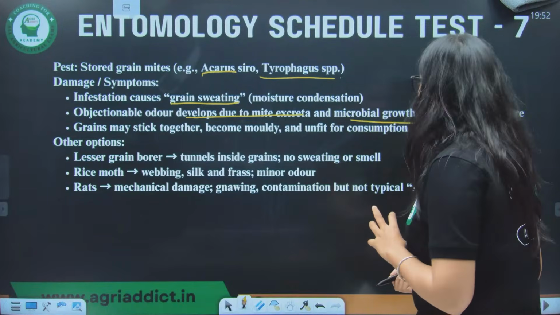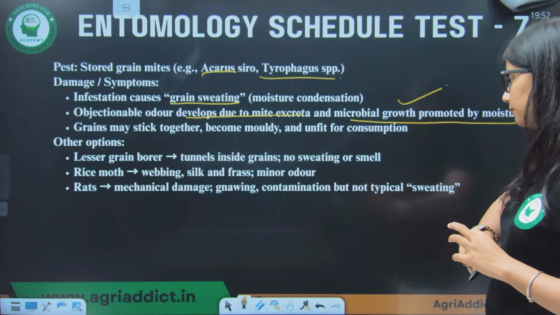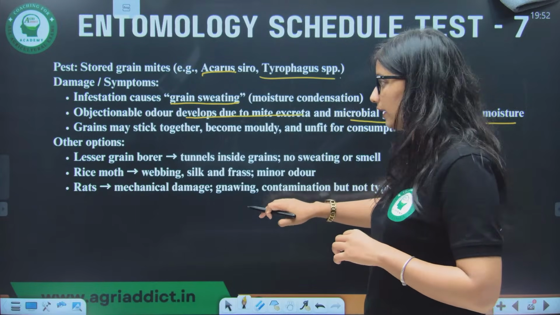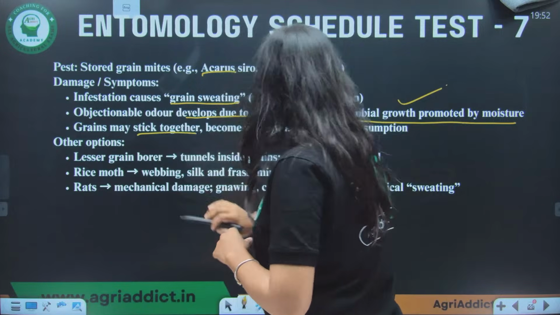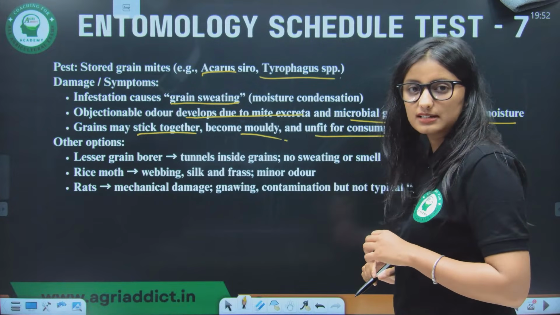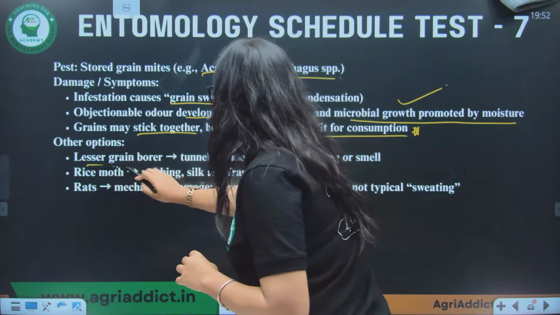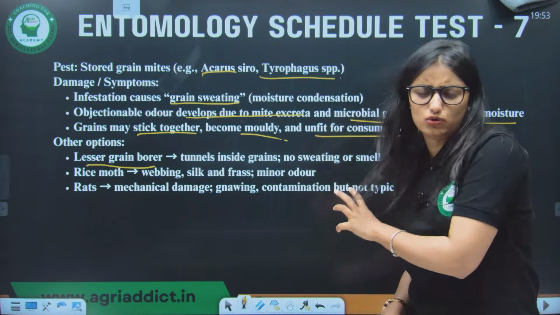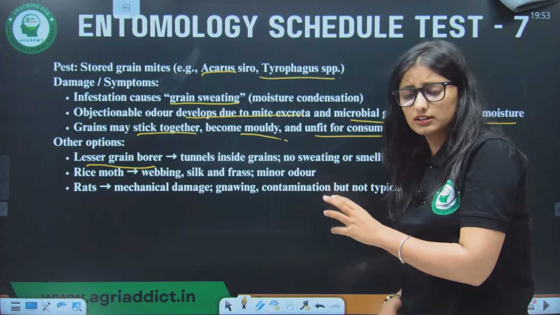Here also microbial growth is promoted later on. Okay. Grain may stick together, become moldy and unfit for consumption. Is it clear? And what about lesser grain borer? It tunnels inside the grain. This is what all the stored pests do.